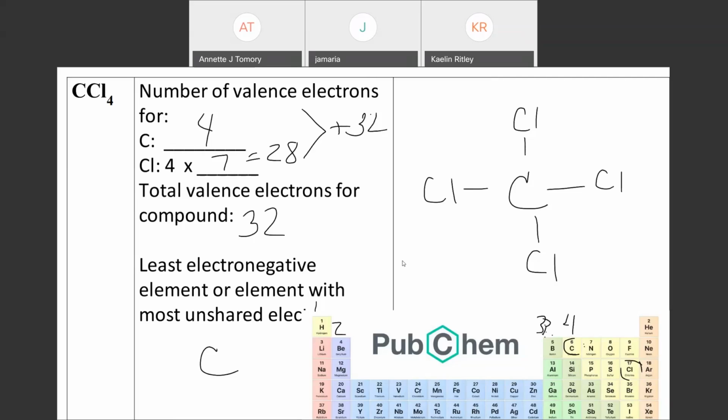Moving on. How many electrons do I have accounted for that are written there with bonds? 8. So how many do I have left? 24. All right, so remember, we work from the outside in unless it's hydrogen. Is there hydrogen here?